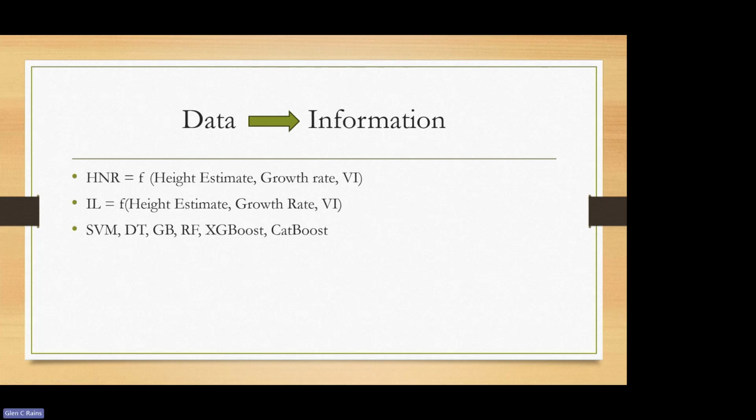And our goal then is to estimate the height to node ratio, or the internode length, using a function of the height estimate, the growth rate, which again is the difference between days or weeks of the plant's growth. So how much did it grow from week 1 to week 2, which, as you can imagine, has to have some kind of correlation to the extension of the internode.